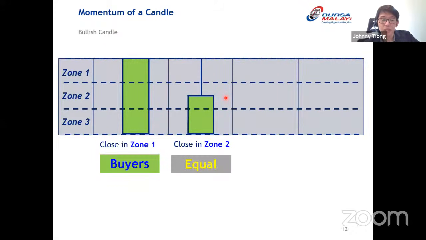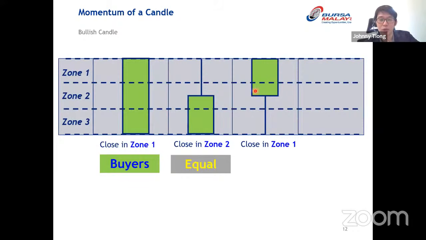It means equal buyer and seller for the day. Now we look at the third example. This candle closes in zone 1. Remember, for a bullish candle the closing is above the opening. So maybe at 9 o'clock this stock opens at this price, and along the day it goes up, down, up, down, and then at 5 o'clock it closes.